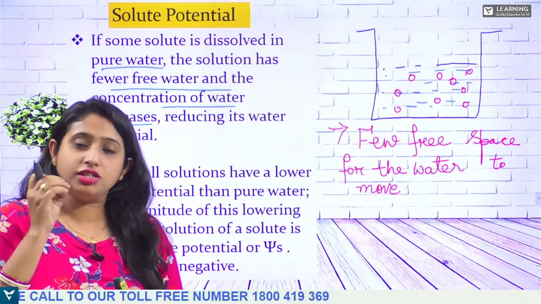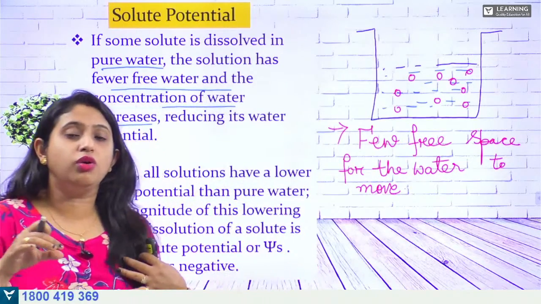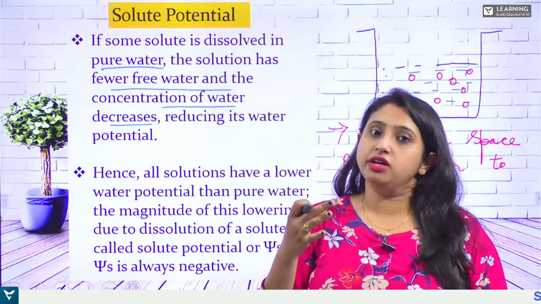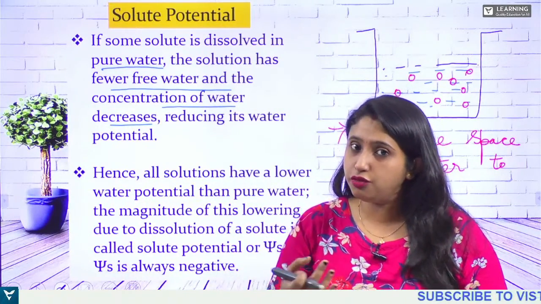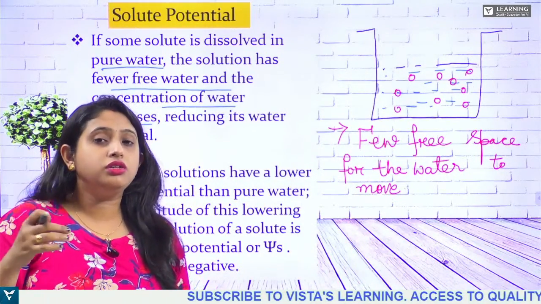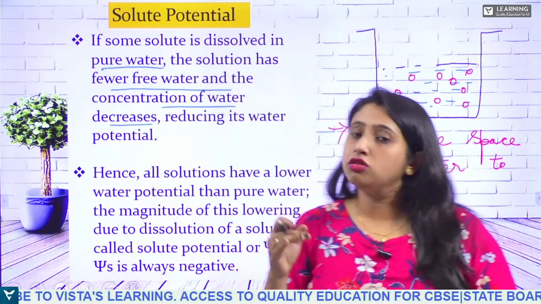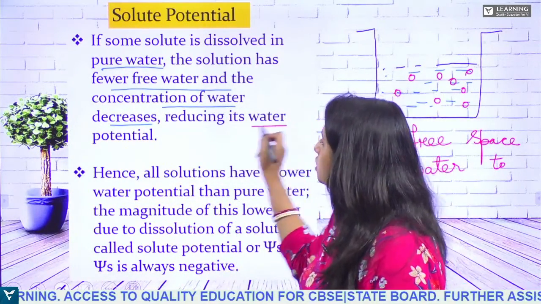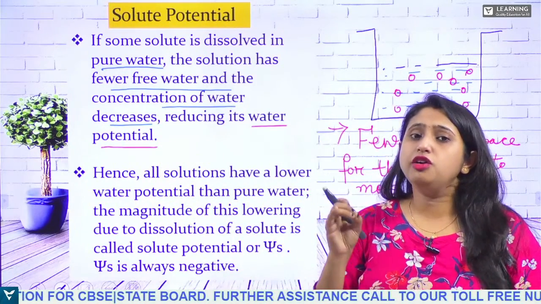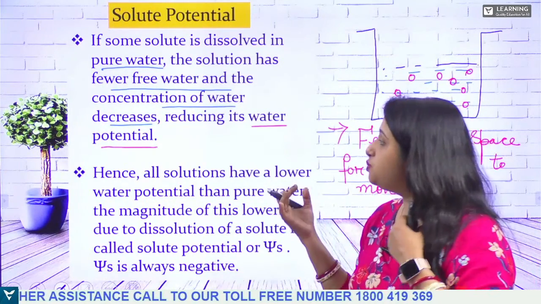It is the same with water. Solutes are nothing but the minerals, the ions necessary for the plants. When they combine with the water, the concentration of the water decreases, the water potential also decreases, and it has very little free space to move.